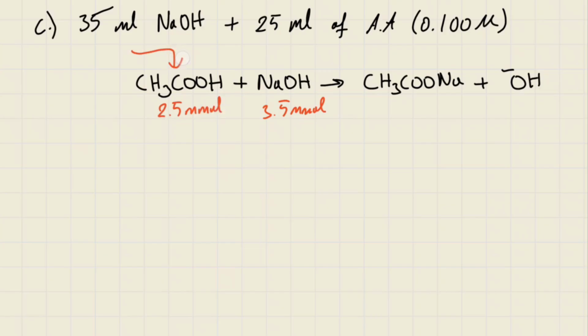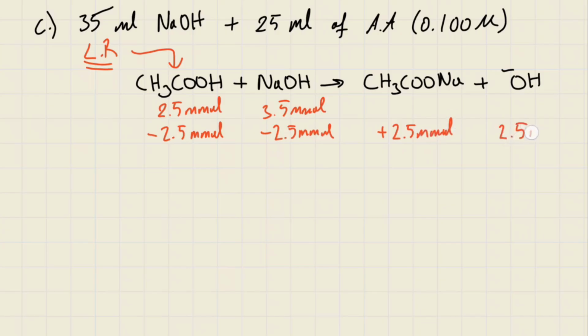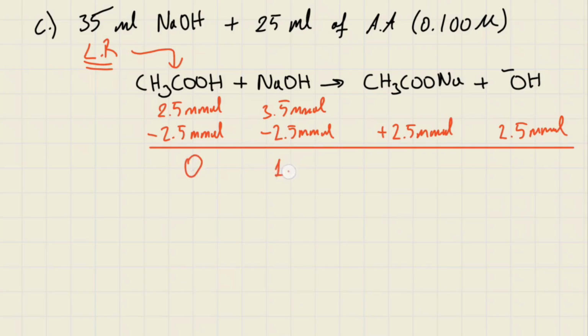So this is our limiting reagent. So we will deplete the acetic acid. And acetic acid finished. We have sodium hydroxide 1.0 millimole.